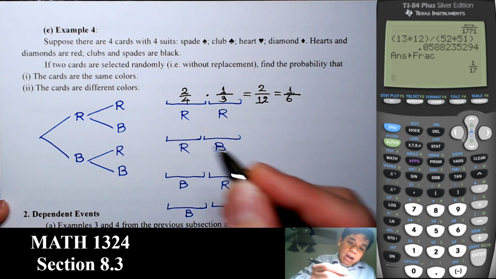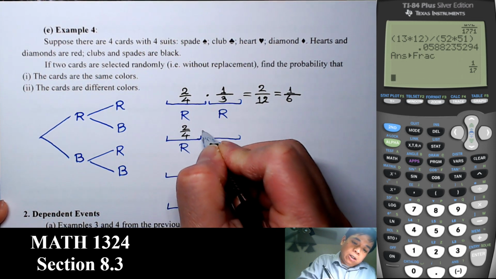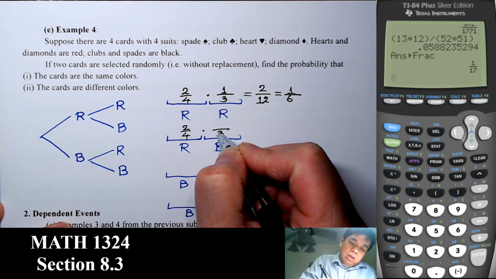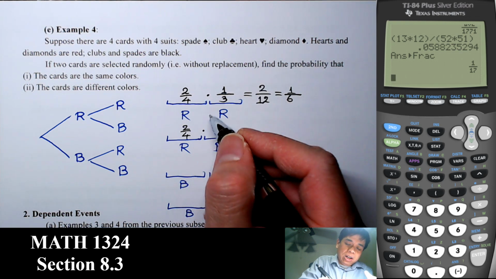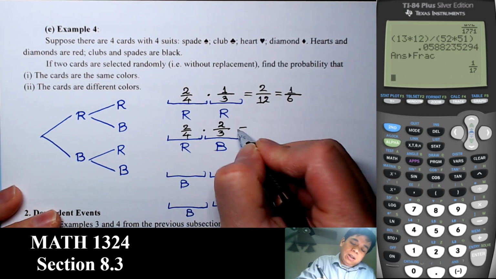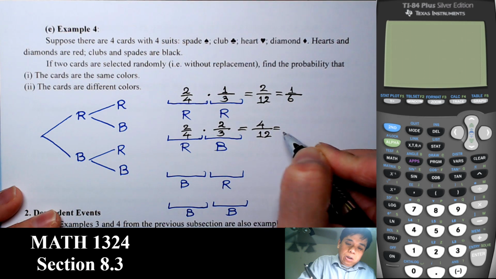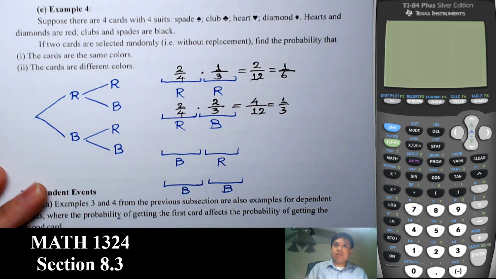Now red and black. The first one is red, there are 2 over 4. But then there are 3 cards left, and there are 2 red cards originally. You pick 1. That means only 1 red card left, and then 2 blacks. So that's what we have. And multiply, we have 4 over 12. Which reduce, you have 1 over 3.